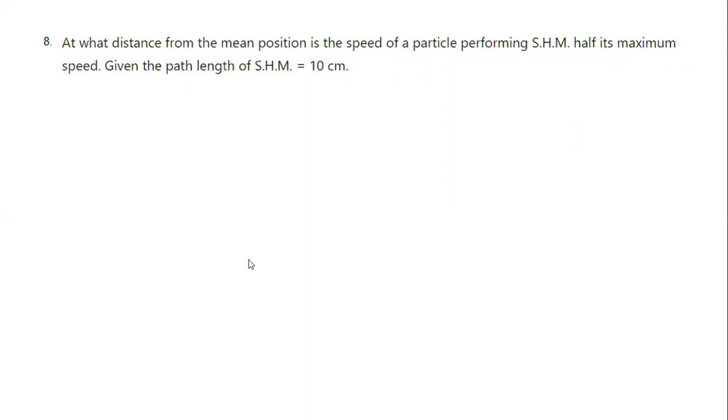Now problem number 8. At what distance from the mean position is the speed of a particle performing SHM half its maximum speed? Speed is half of the maximum speed. Here they have given the path length. Listen, when a particle is performing SHM, this is the mean position, this is an extreme, this is also an extreme position.